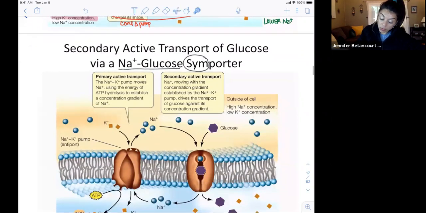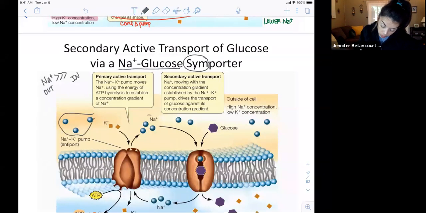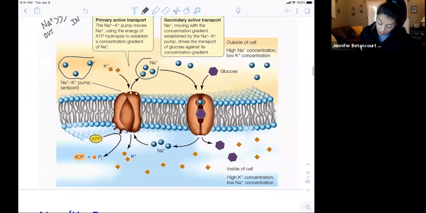So remember, in the previous step, the whole goal was to make the concentration of sodium really, really high outside versus inside. Here we can see all of our sodium, so much sodium out here, and just a few little speckles inside. The cell now wakes up and thinks, oh my God, we're nowhere near equilibrium. What the heck? We gotta fix this. And so this pump here is what is activated.